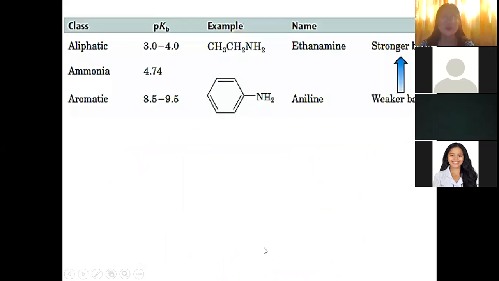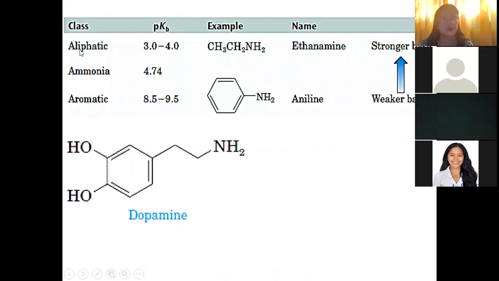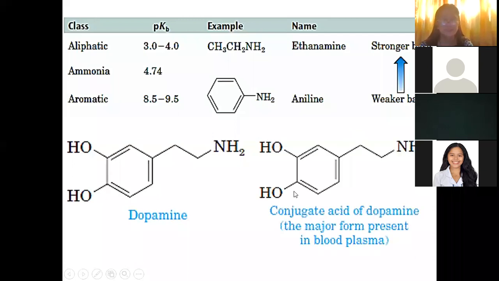So if we look into this, compare the aliphatic, for instance the ethanamine, then the ammonia, and the aromatic aniline, which is weaker. So the aliphatic is stronger, then weaker.